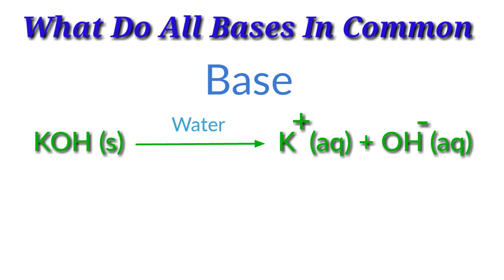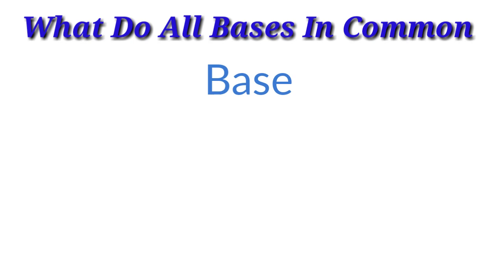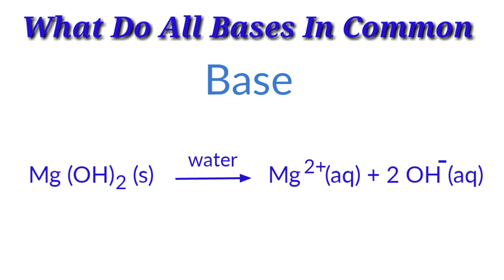It is the presence of hydroxide ion in potassium hydroxide solution which imparts its basic properties. Next one, magnesium hydroxide. Magnesium hydroxide dissolves in water to give magnesium ion Mg2+ and 2 OH- ions. Here also, magnesium hydroxide solution shows basic character due to the presence of hydroxide ion in it.